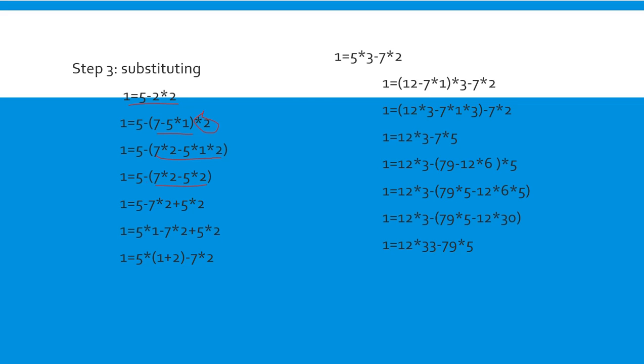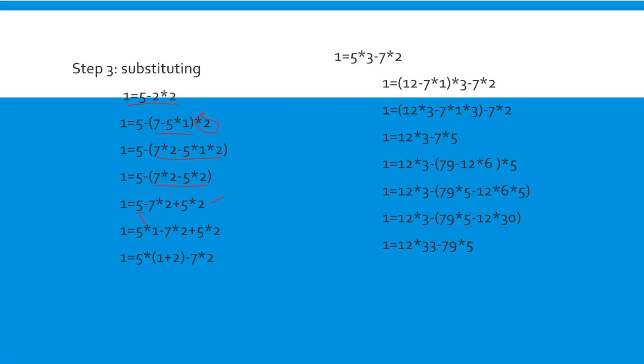So you have to remove the bracket in the next step. You're multiplying the symbol within the bracket, so you're getting 1 is equal to 5 minus 7 into 2, minus into minus will be plus 5 into 2. The next process is you're rewriting this 5 as 5 into 1.